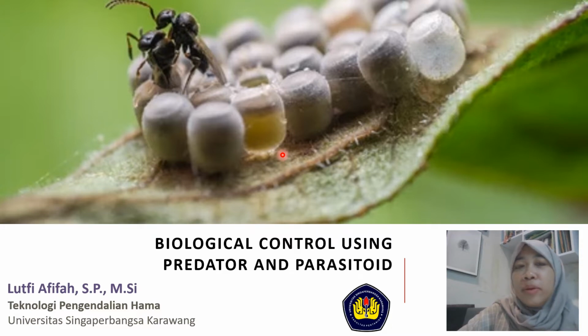After we study about the implementation of integrated pest management, do you still remember what are the principles of IPM? The first one is growing a healthy crop, and the second one is optimizing the use of natural enemies or biological agents such as predator, parasitoid, and entomopathogenic.